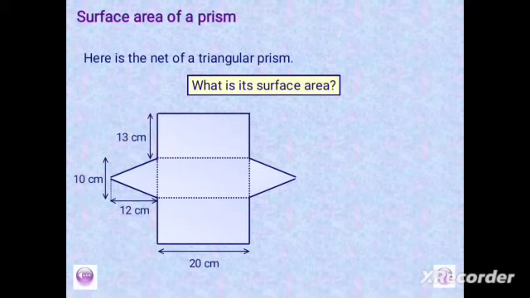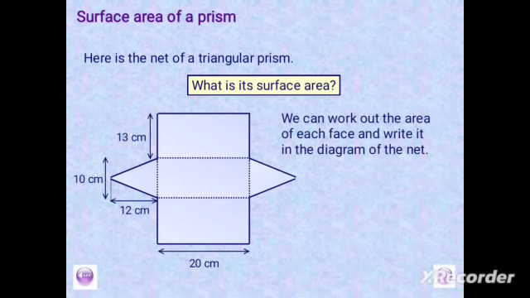Let's now move to surface area of a prism. So here is a net of a triangular prism. We are to find the surface area of this prism, so we can work out the area of each face and write it in the diagram of the net. The area of the cross-sectional part is 60 square centimeters each.